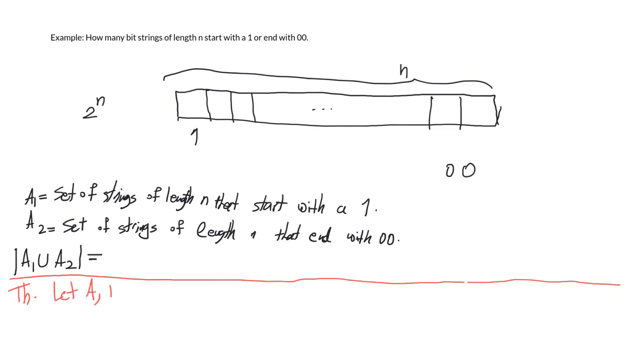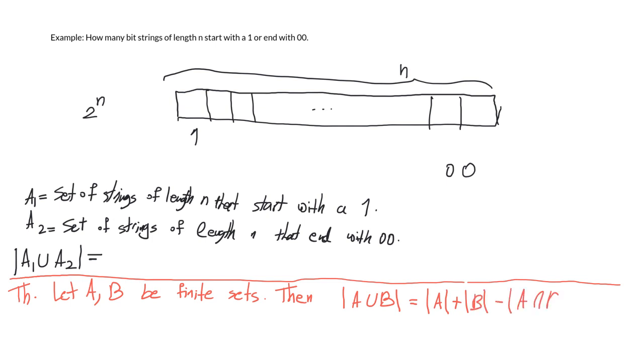Let A, B be finite sets, then the cardinality of A union B equals the cardinality of A plus the cardinality of B minus the cardinality of the intersection. It says that the number of elements, so these are finite sets, right? So the number of elements which are in A or B equals the number of elements of A plus the number of elements of B minus the number of elements which are in both of them.